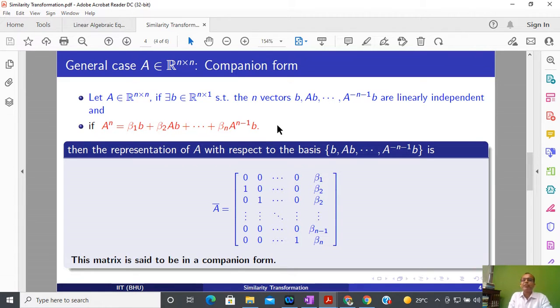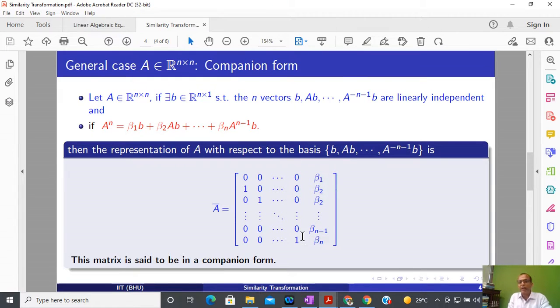After that I am going to generate A squared B, A cubed B, something like that, and finally I will again come to a relationship like this. So if I have an n cross n matrix, it is possible to show that I have n linearly independent column vectors like B, AB, up to A to the n minus 1 B. Finally, if you represent it in that form, that is called the companion form.